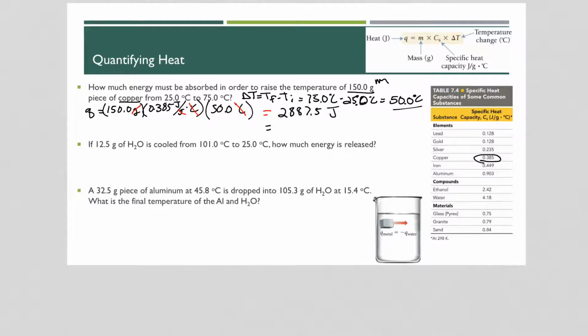This rounds up, so 2890. Now, we could write this as 2890 joules, but we're better off, of course, writing it in scientific notation to show that we have only 3 significant figures, 2.89 times 10 to the third joules.